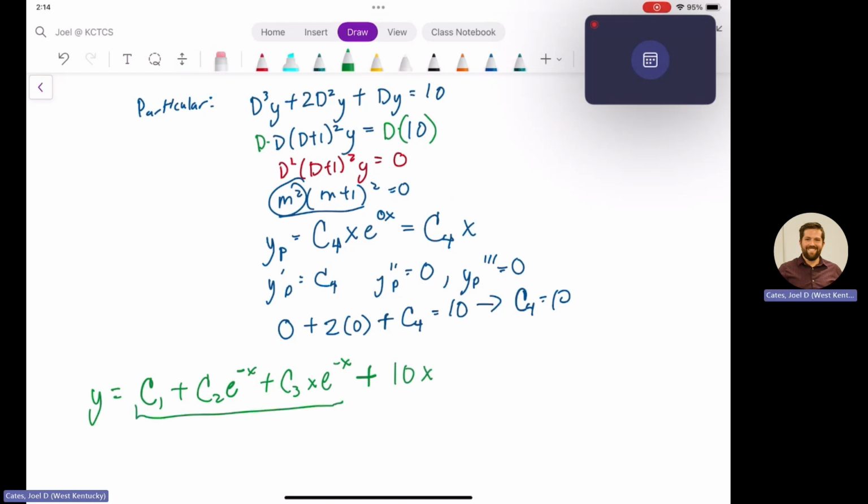So again, this portion here is the complementary. This is the particular. It's particular because it is solved to go particularly with that non-homogeneous portion. That's why it's the part that can have a known coefficient.